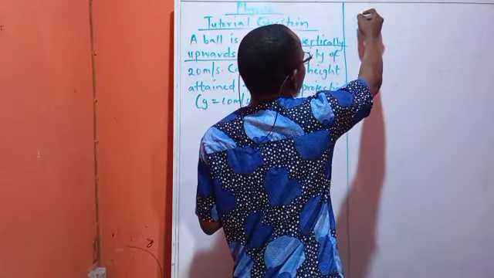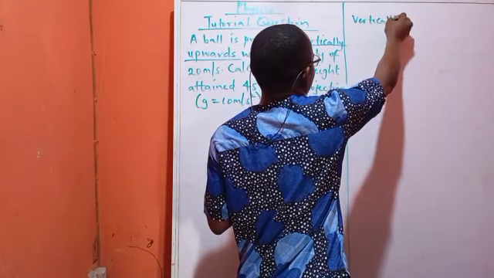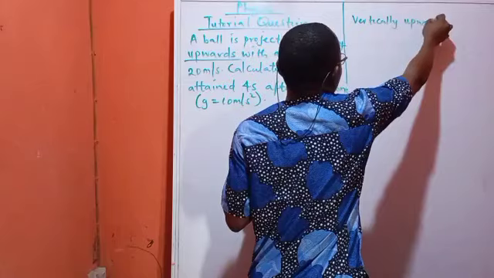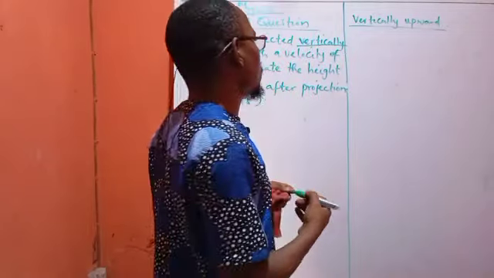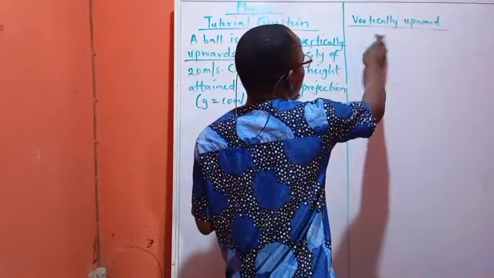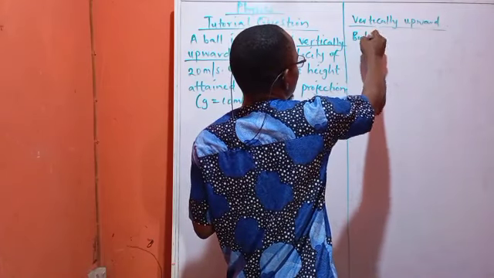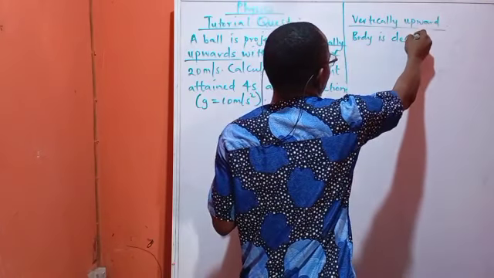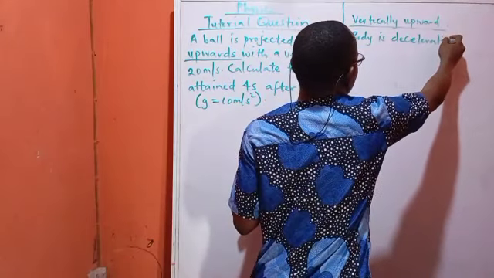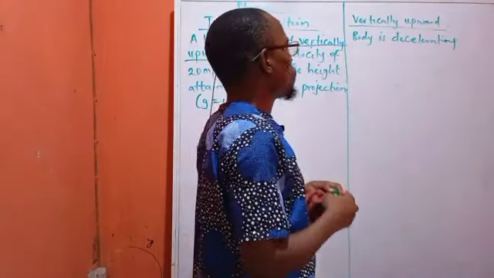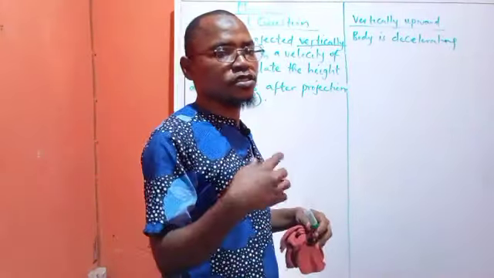When they say a body is thrown vertically upward, and it is a question on motion under gravity, it means that the body is decelerating. The body is decelerating. That's what it means.